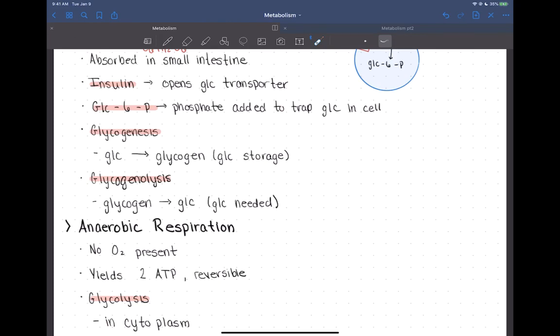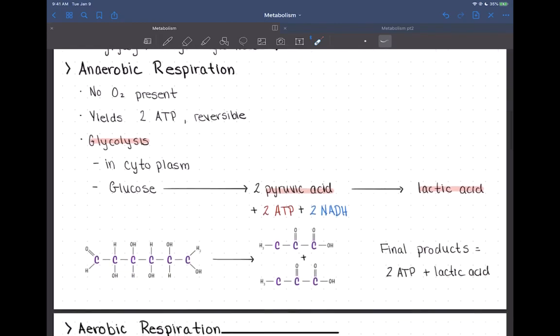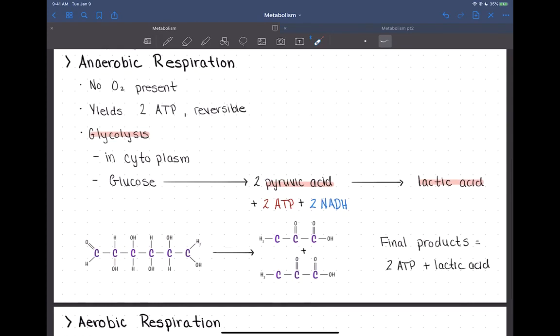Okay, so let's start talking about our steps of breaking down glucose to make ATP. We're going to first talk about anaerobic respiration because it's very simple. The first step, really the only step for anaerobic respiration, is the exact same first step as aerobic respiration.